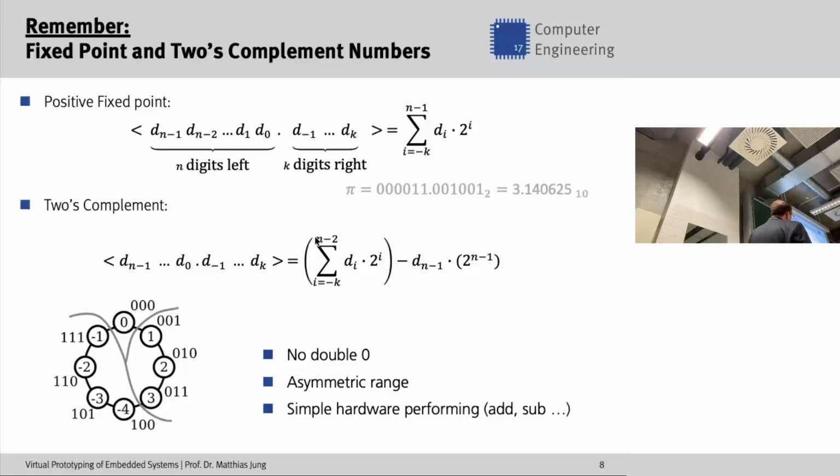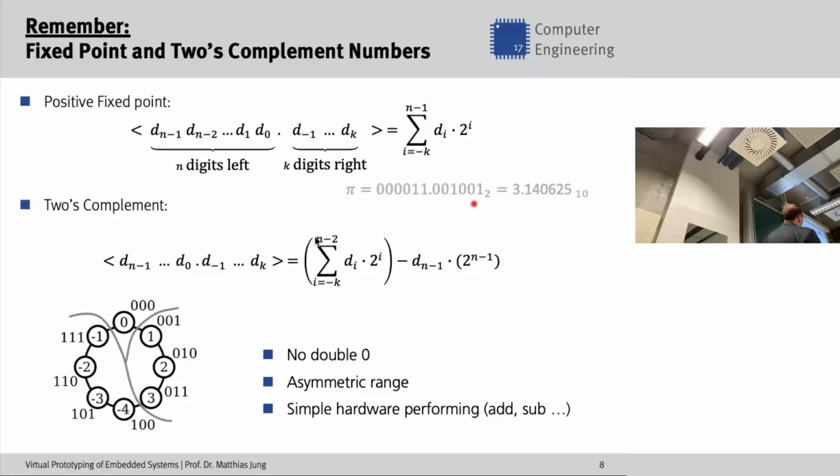Yeah, then a quick reminder, we have fixed point numbers, especially in the two's complement. This is also a topic that we discuss in Rechenanlagen or Digitaltechnik. You can specify a specific amount of bits before the decimal point and then a specific amount of bits after the decimal point. And then, for example, you can express a number like pi with an appropriate accuracy.